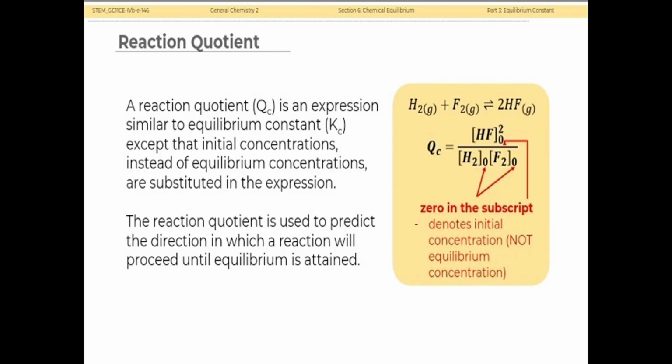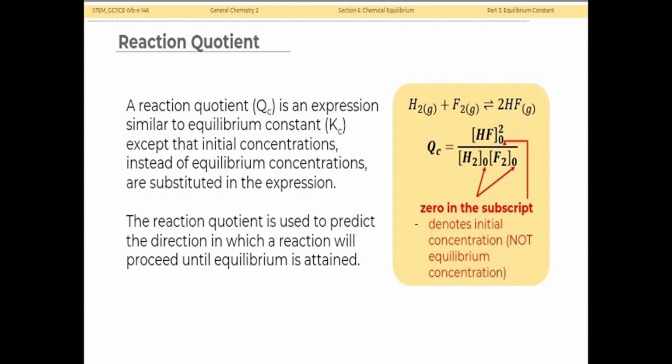A reaction quotient, Qc, is an expression similar to the equilibrium constant Kc, except that initial concentrations instead of equilibrium concentrations are substituted in the expression.